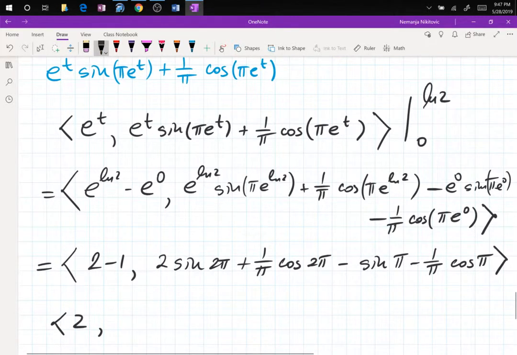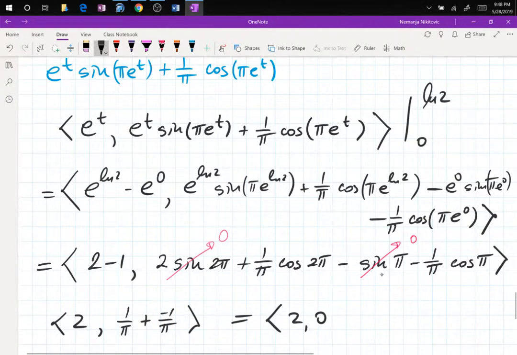So all of the terms with sine of pi die, and I have cosine of 2 pi is 1, so this is 1 over pi plus negative 1 over pi, which is 0.